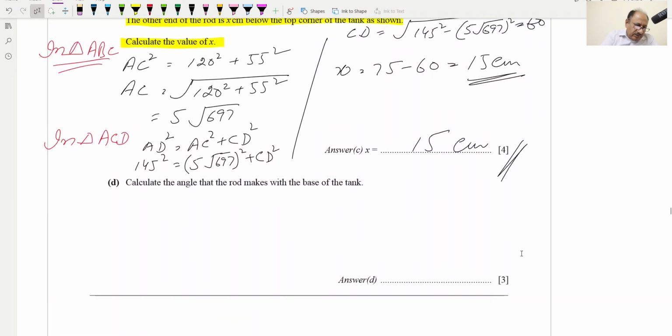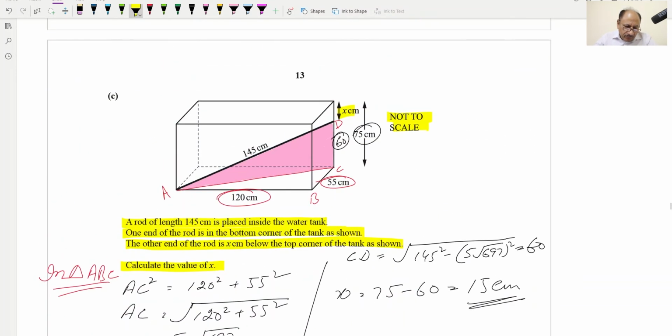Now they are saying calculate D part, calculate the angle that the rod makes with the base of the tank. Now which angle is required? Basically this angle is required with the base. So we have opposite is 60, and we can use hypotenuse, which is AD, which is 145.